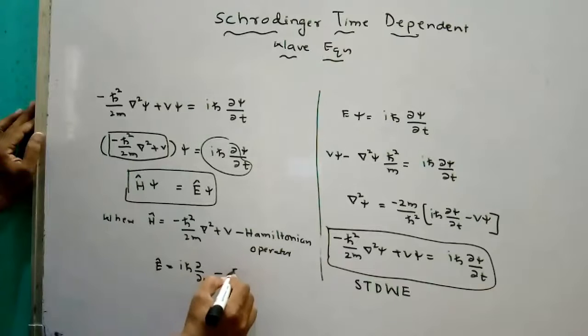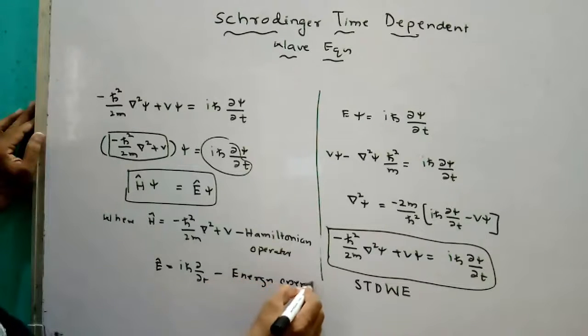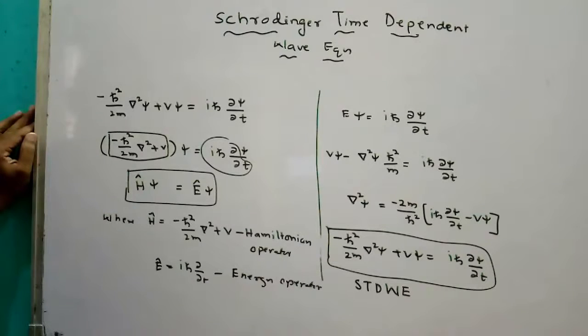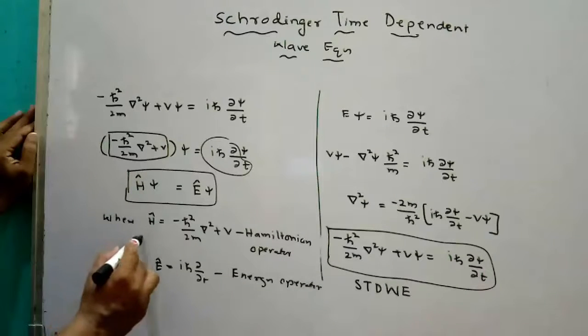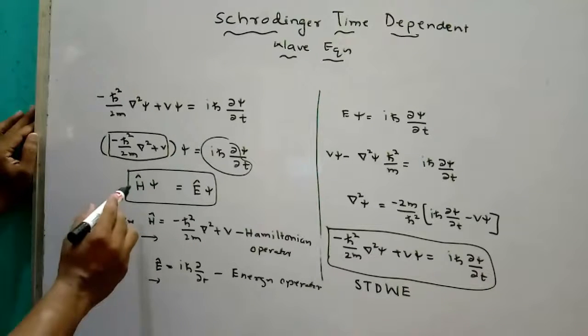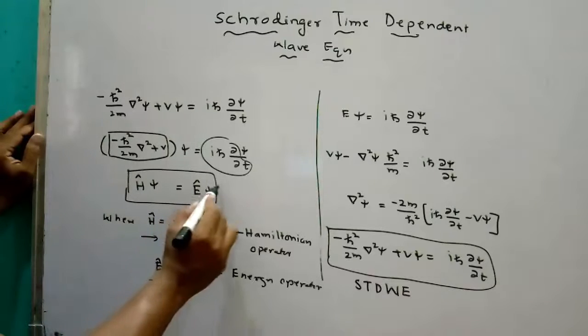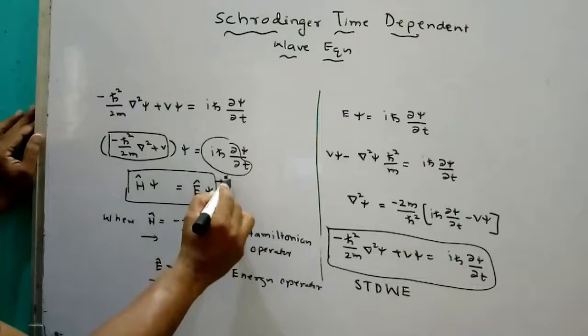This is the energy operator. So this is a Hamiltonian operator, this is an energy operator. So we got the equation H psi equal to E psi. This is important.